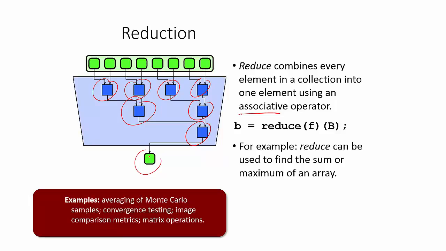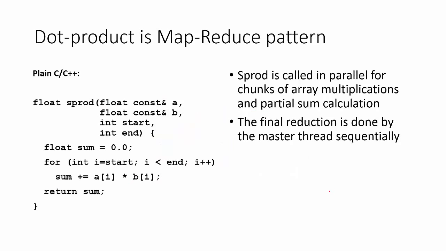You may have heard that Google invented the programming model MapReduce, which essentially is a way to do map and reduce functions over a large set of elements over big clusters of computers. The dot product, as we saw in the previous examples, is actually an example of the map reduce pattern.